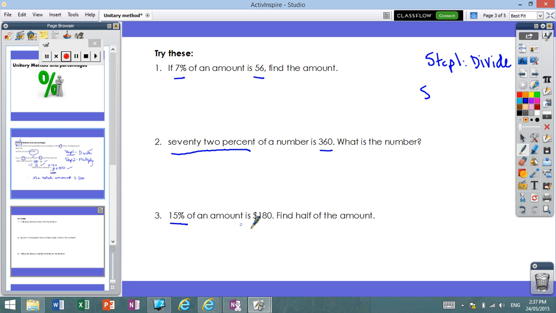Here we've got 15 and 180. First step, you're going to divide those numbers. Second step is you're then going to multiply. So they're the important things to remember. I ask you to pause the video now so that you can do these three questions, and I'll get back to you soon.